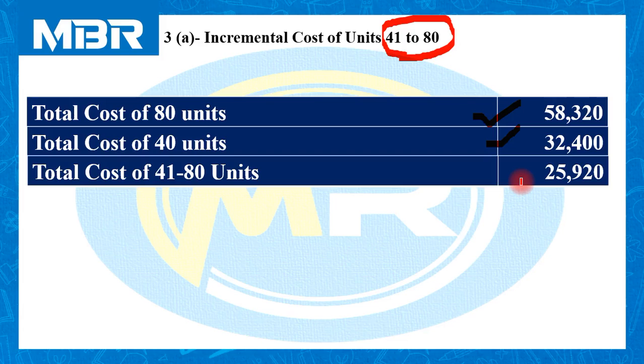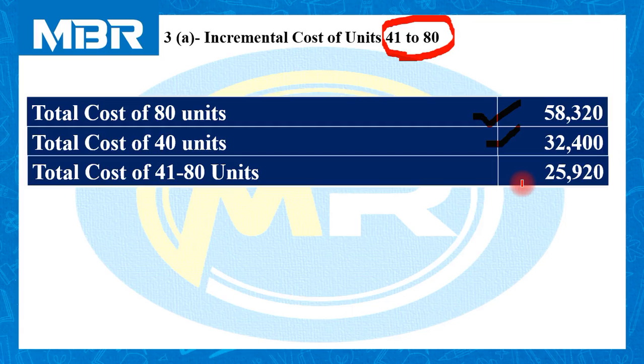So the difference, 25,920, is related to manufacturing of the additional 40 units, that is unit number 41 to unit number 80. So use simple logic in order to answer this kind of question.